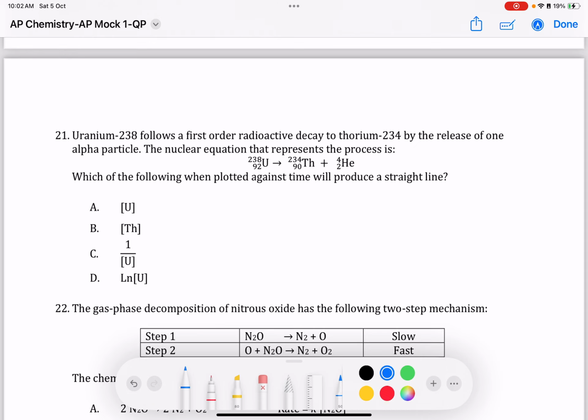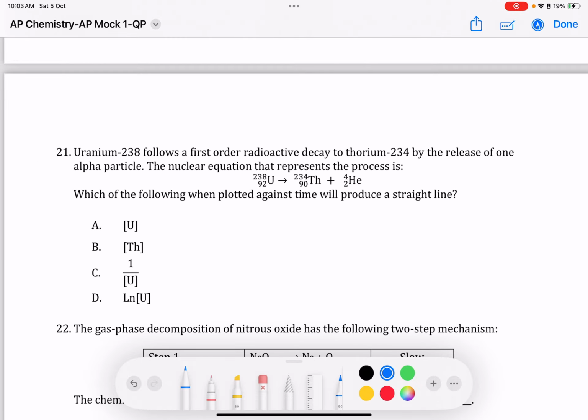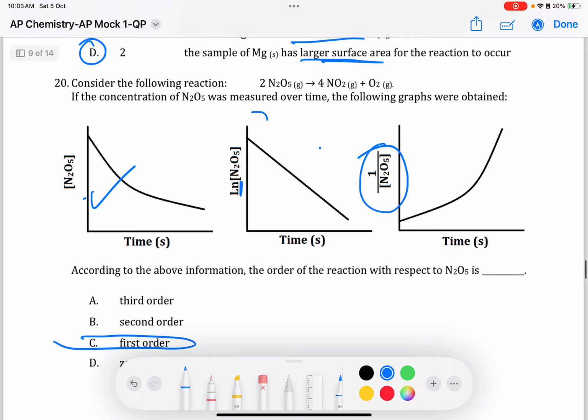Moving on. Uranium 238 follows a first order radioactive decay to thorium by the release of an alpha particle. The nuclear equation that represents the process is given. Which of the following, when plotted against time, will produce a straight line? Well, let me take you back to this one. ln will give you a straight line.